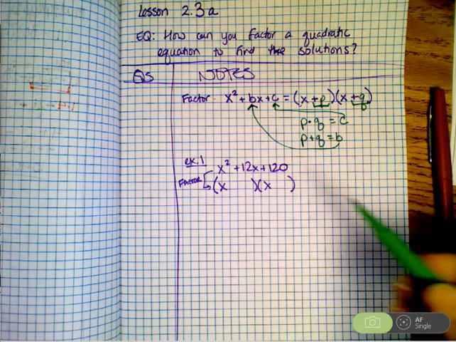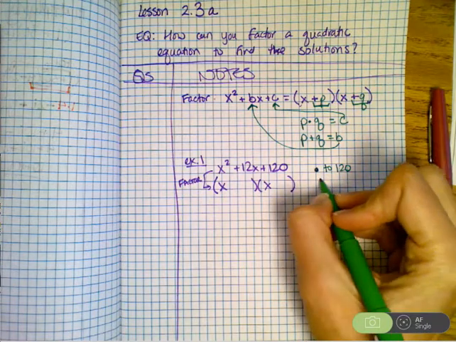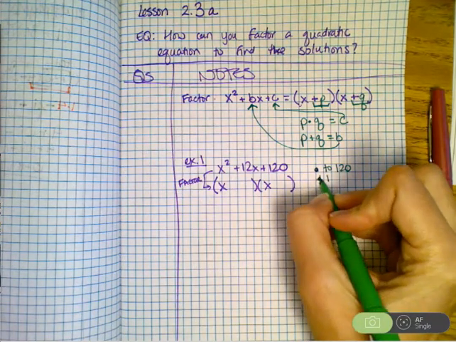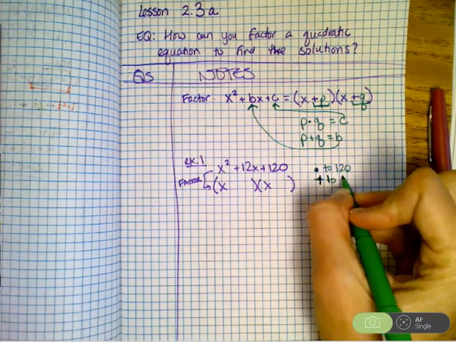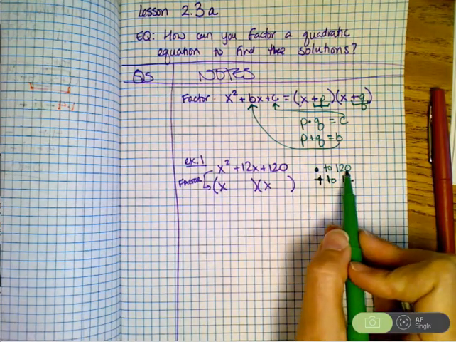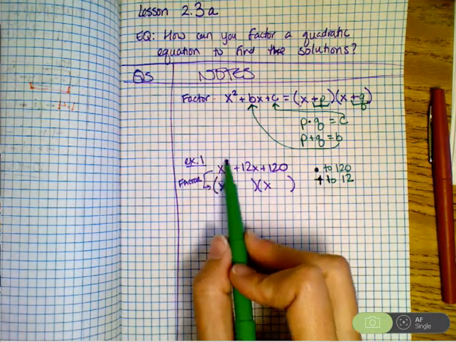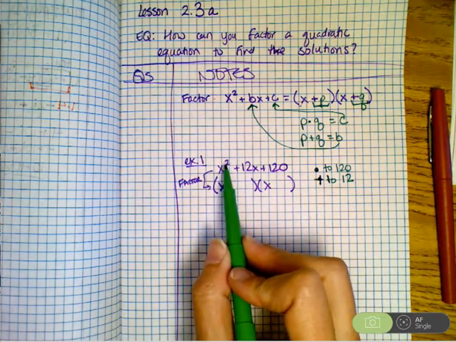Helpful for you, then think about it that way. If not, don't. So again, we're looking for two things that multiply to 120 and add to 12. If we had a number in front of the x squared, it wouldn't be 120 that we wanted to multiply to. It would be a different number. But for now, we're only going to look at ones that have just x squareds by themselves in front.